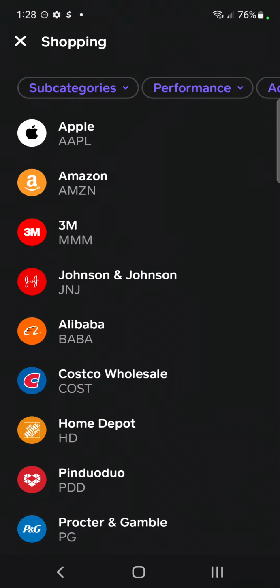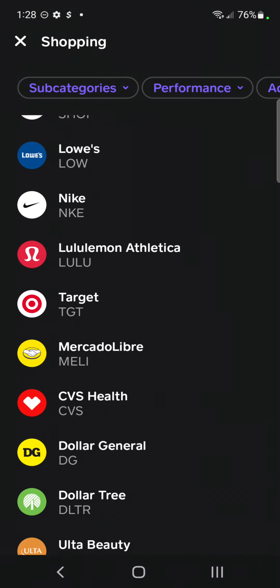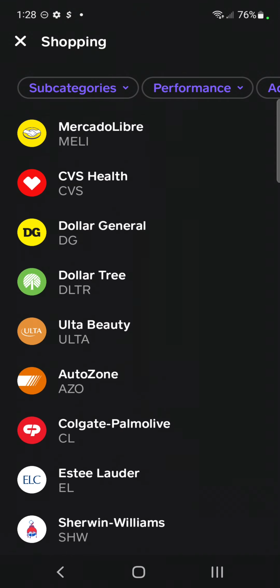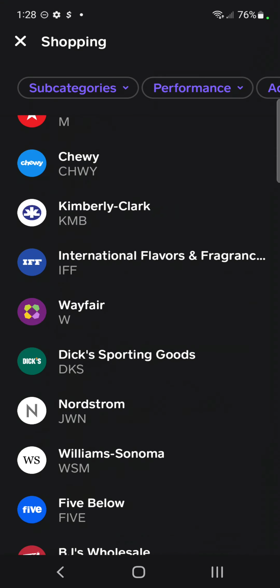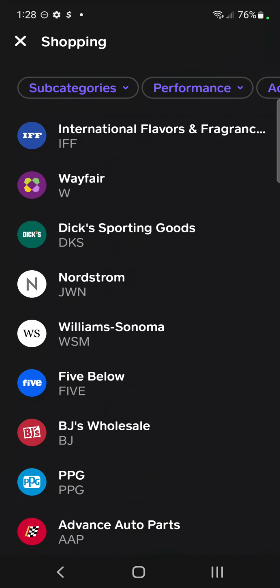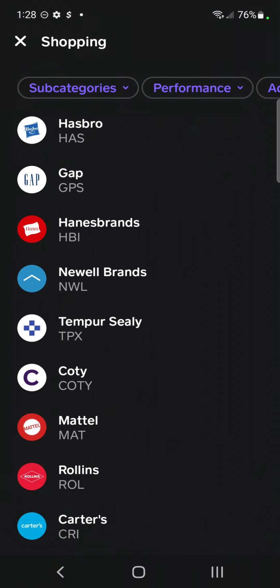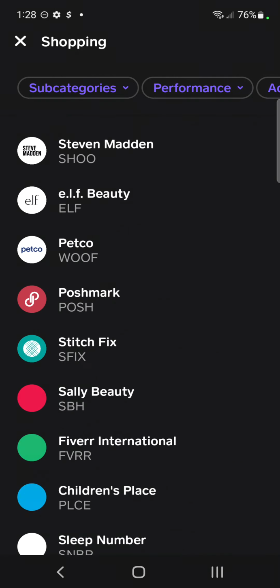Apple is considered a tech company, but it's also considered shopping and a media company. So you have Apple, Amazon, Johnson and Johnson, then your major players like Target, Walmart, Costco, CVS, Dollar General, AutoZone. All of your retail and automotive companies are in here, and there's a very long list of them.